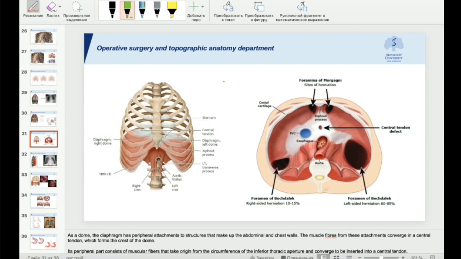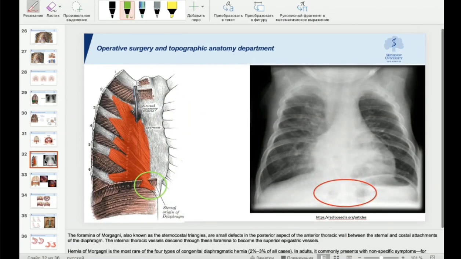So what is the Morgagni foramen? And where can we find this projection on the X-ray? Please look at the X-ray. In normal life, we have this shadow of the diaphragm, which goes, I will draw, without any holes, without any foramens, and without any darkness inside.